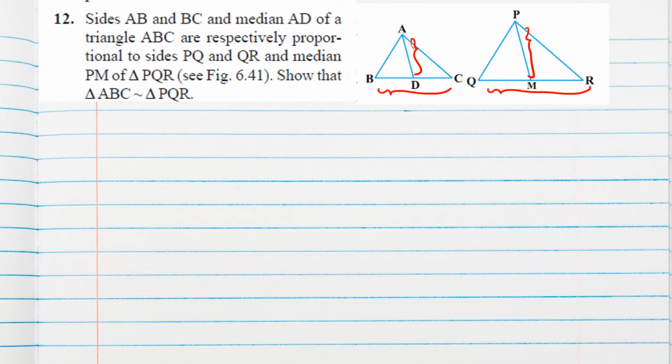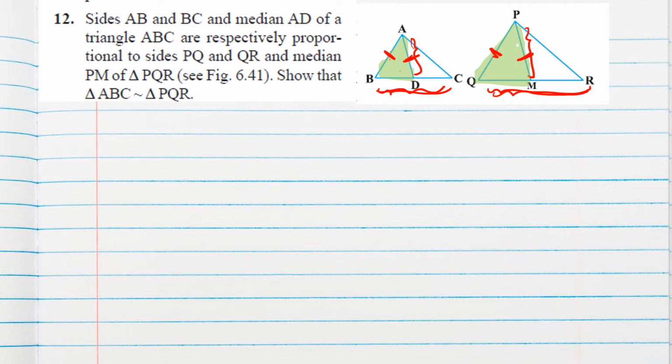So what we will do here, first we will consider the smaller triangles, that is triangle ABD and PQM. We will prove their similarity. How can we prove it? The ratio AB by PQ is given, AD by PM is given, and BC by QR is given.